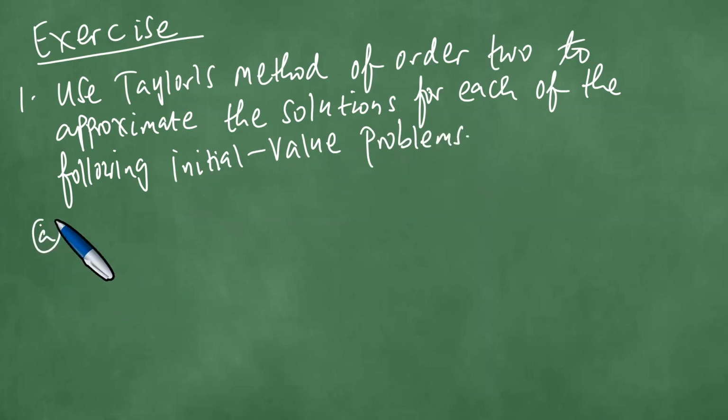Okay, now if you look at part A, use Taylor's method of order 2. It's exactly what we are doing now.